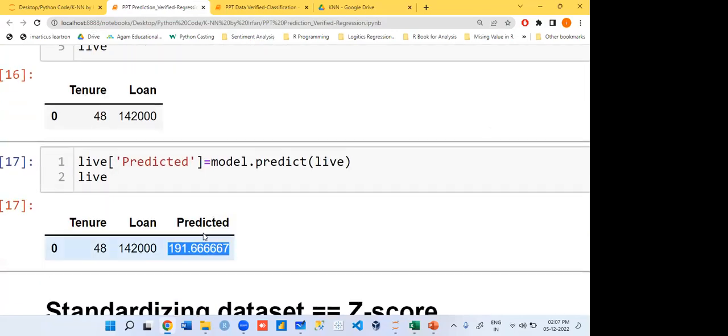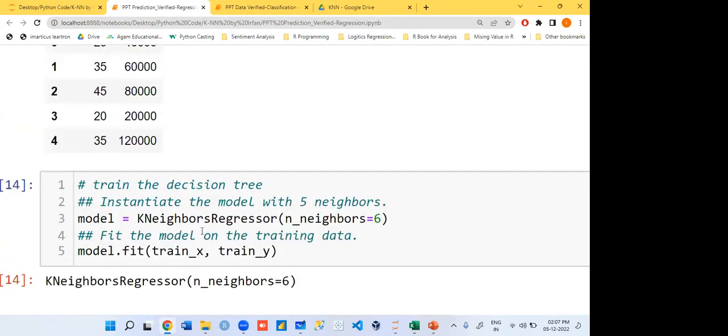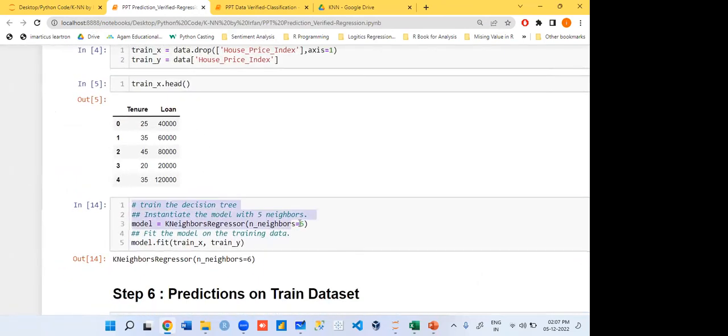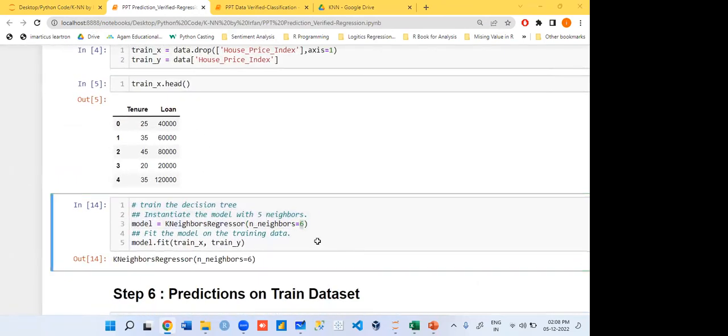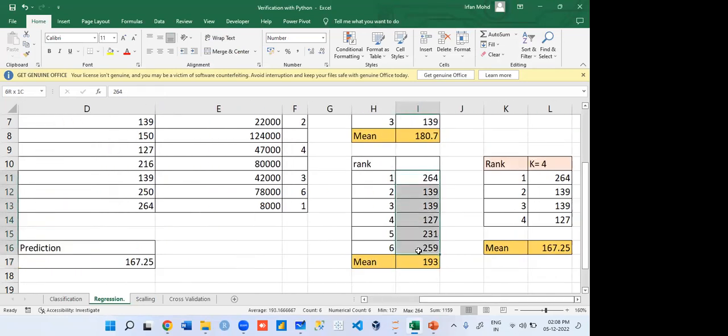This will match, exact match, there should not be any difference. How much are you getting? Average of this number.